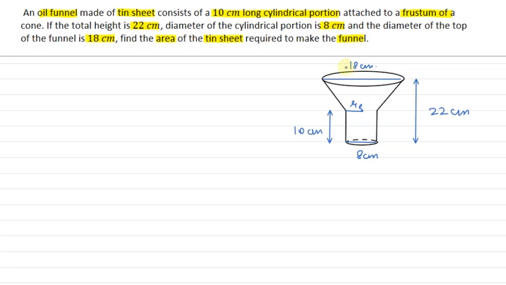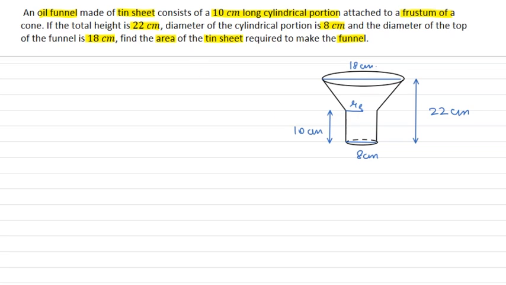Now if you have to pour oil, this end and this end should be open. There will be no tin sheet at this end as well as on this end. So the total area of tin sheet that you have to find will be the curved surface area of this frustum plus curved surface area of this cylinder.